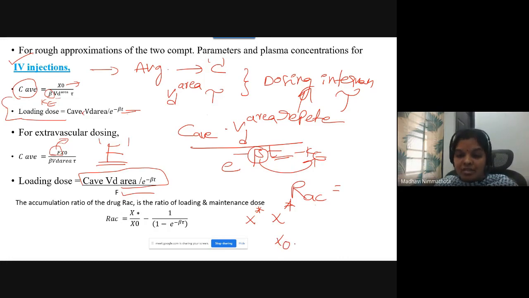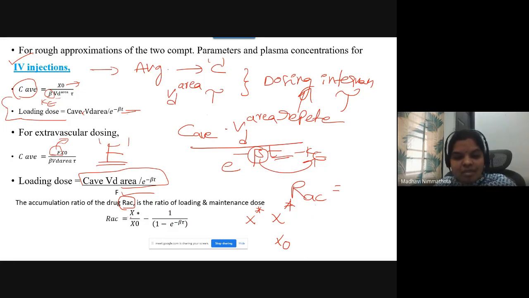So the accumulation ratio of the drug, that is RAC, is the ratio of loading and maintenance dose: X star divided by X naught equals 1 divided by 1 minus e to the power of minus beta tau, not t, it's tau.